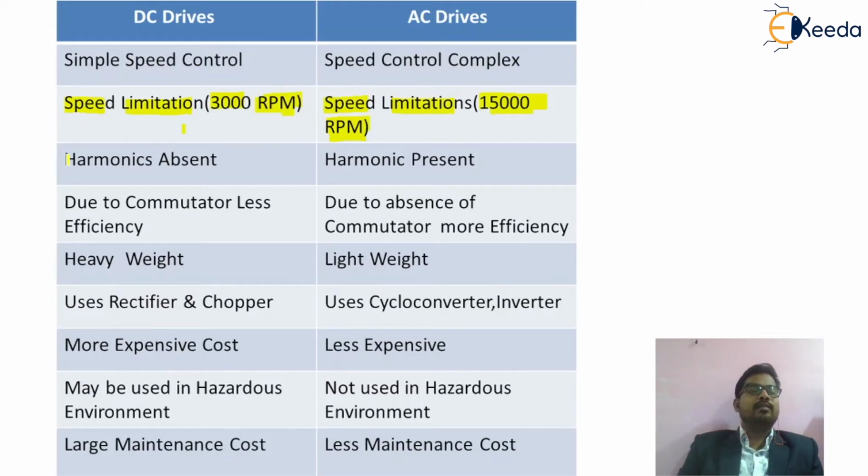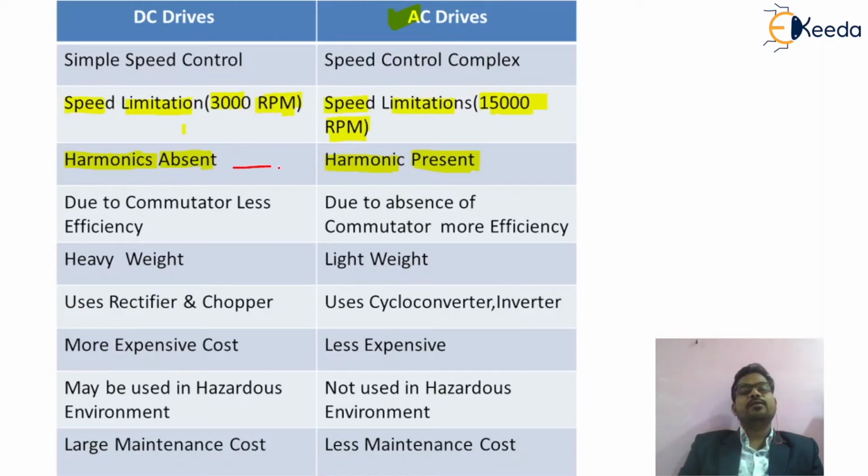After that, the next important parameter is the concept of harmonics. Harmonics will be present in the AC supply. So in the AC drive, harmonics will be present, and in the DC supply we are using DC, so the DC supply doesn't contain any harmonic content. Basically, harmonics are absent in the DC drive.